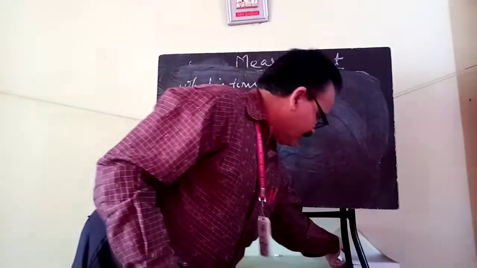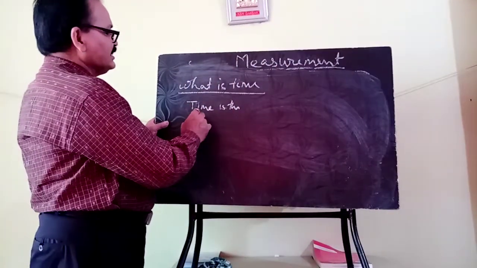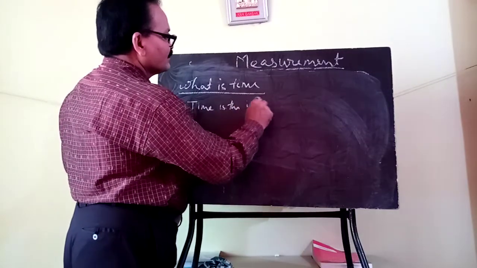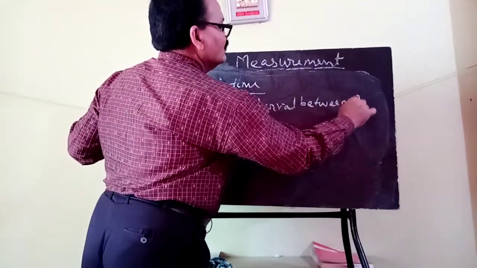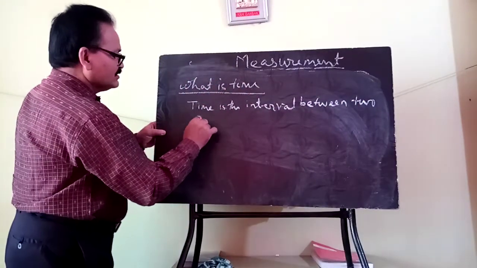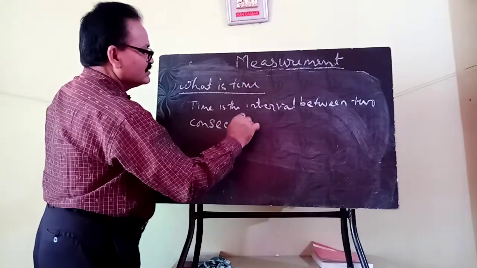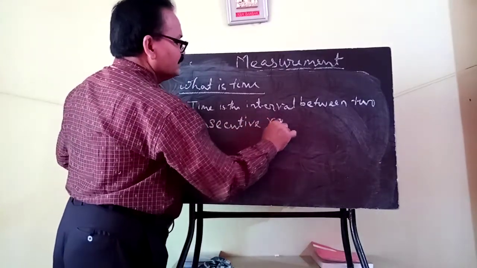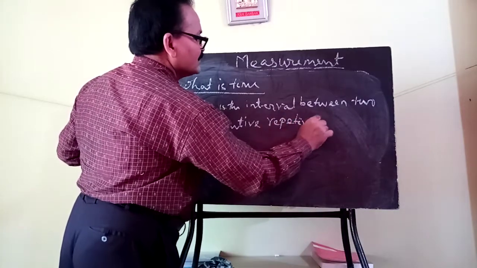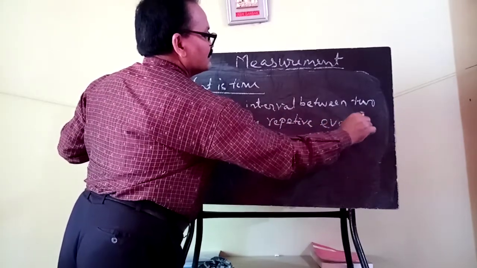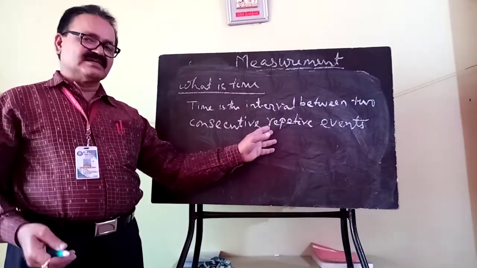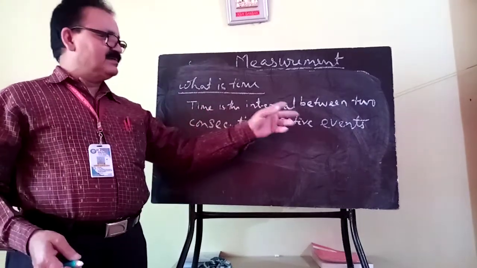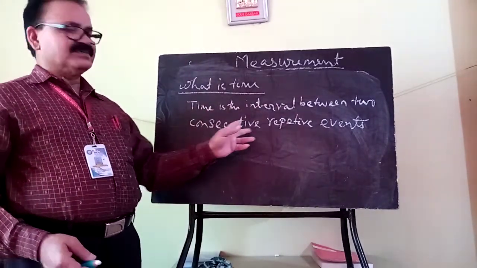In history, they have a different meaning of time. But in physics, time is the interval between two consecutive repetitive events. Here repetitive means which repeat after a regular interval.